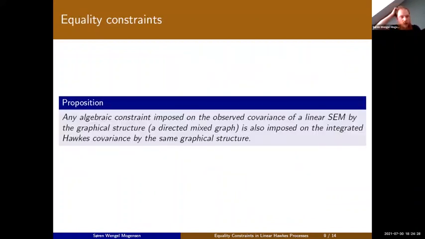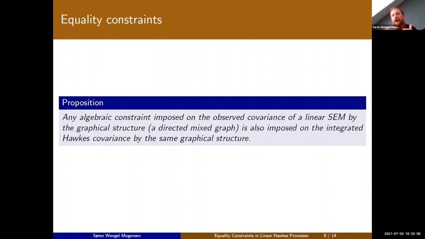Okay, so this proposition tells why I think this is interesting. First of all, one thing to note is that I start out from a stochastic process, and now I give you an algebraic equation which knows nothing about time, but I can actually use it to impose constraints on the graphical structure. So I think this is not entirely obvious. So what the proposition says is that if I now take the standard literature on linear structural equation models, there's a lot of work on those.